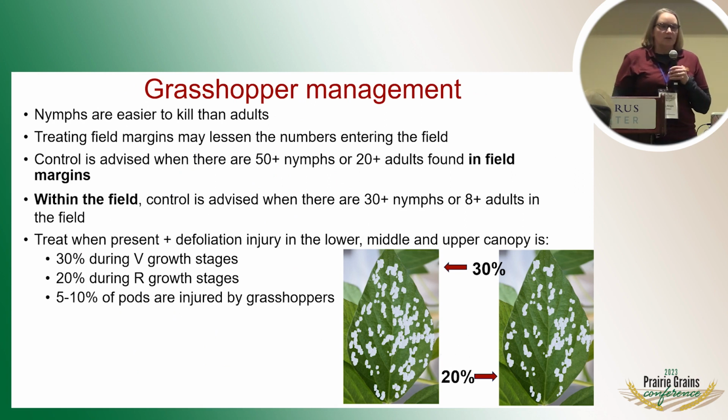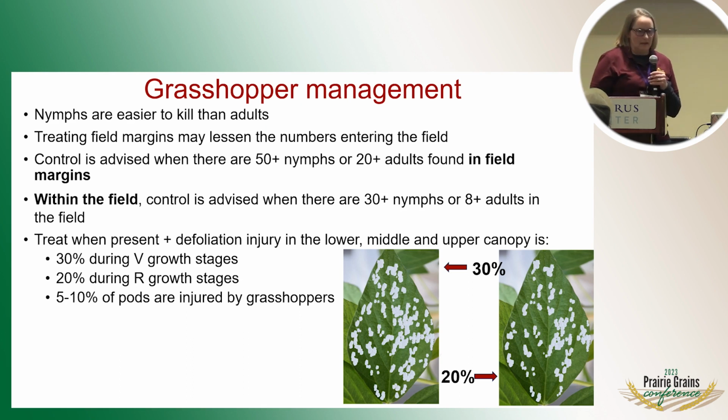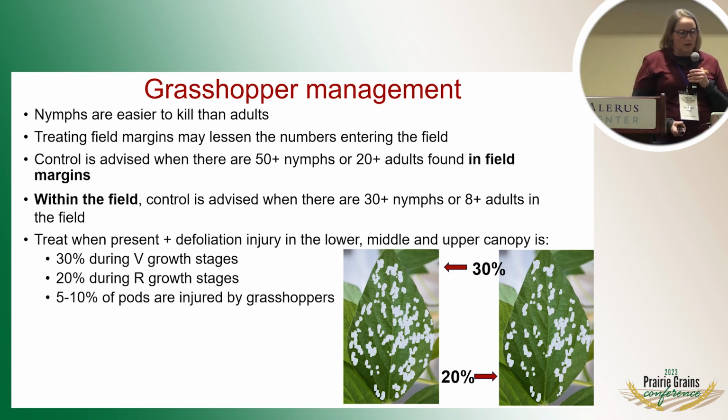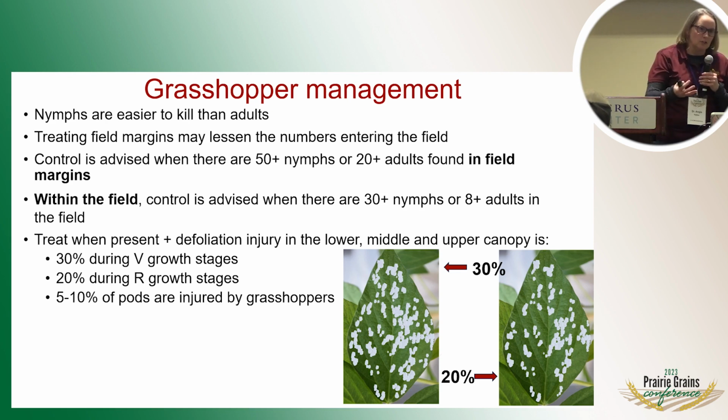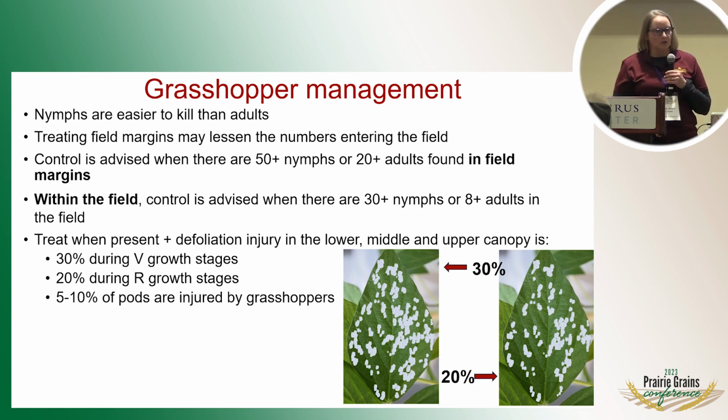The reason why this matters is because one of the ways that we determine whether or not to treat grasshoppers is based on grasshopper population density. On field edges, or the field margins, it's more than 50 nymphs or more than 20 adults. If you have that number, you've reached your treatment threshold, and you should really consider a pesticide application.